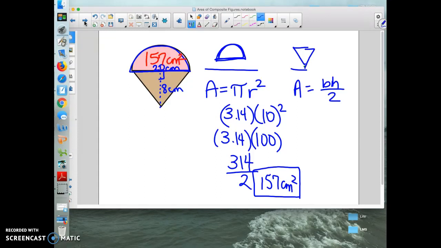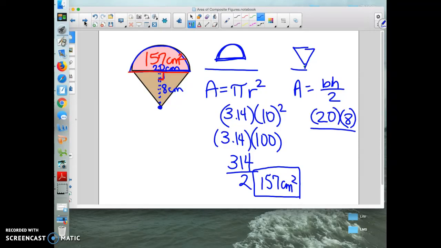I now need to find the area of the triangle. The triangle is base times height divided by 2. The base is whatever that 90-degree angle makes from the height. So the height is from the very tip top all the way down to the base. So the base is 20, and the height is 8.